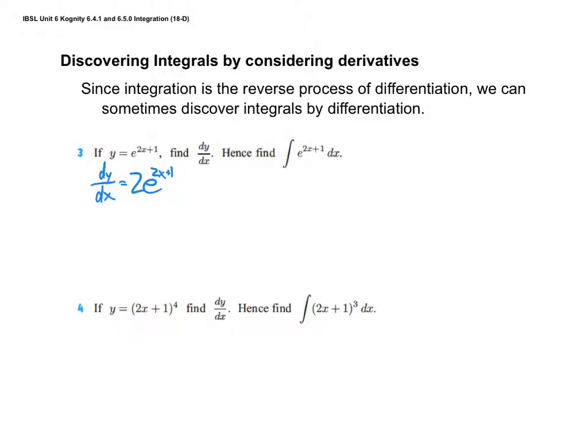So, looking at the integral here, I almost have 2e to the 2x plus 1. So, if I had a 2e to the 2x plus 1, then the integral would equal e to the 2x plus 1, right? Because taking the derivative of this gets me here. So taking the integral of this would get me back to here, right?